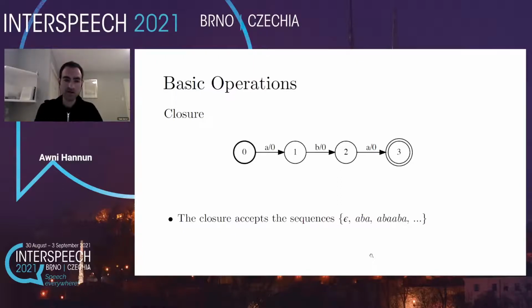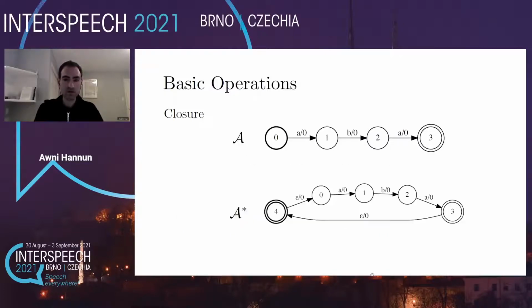And if the graph accepted more than one sequence, we'd do this for every sequence that the graph accepts. To compute the closure, we use epsilon transitions, which make it quite easy. You add a new state to the graph, which is both a start and accept state, and that's how we accept the empty string.